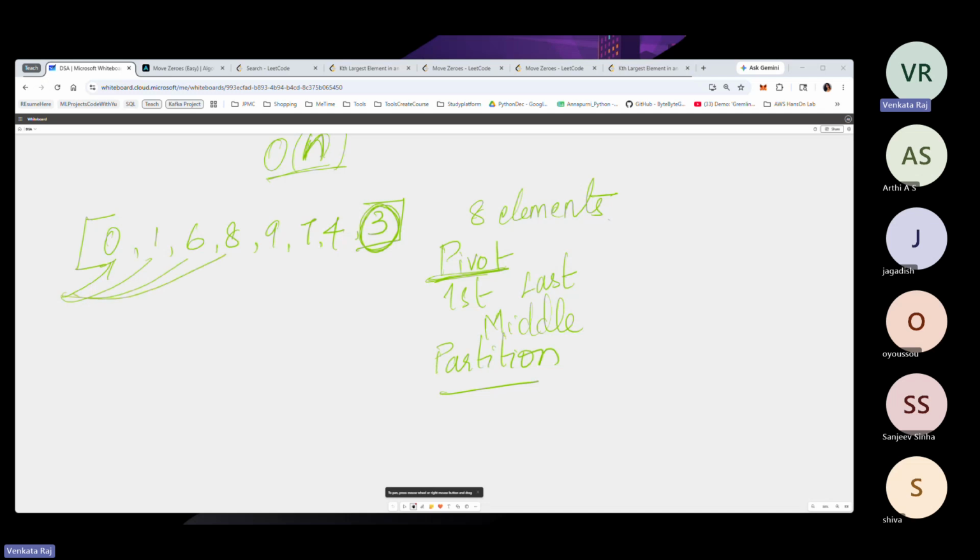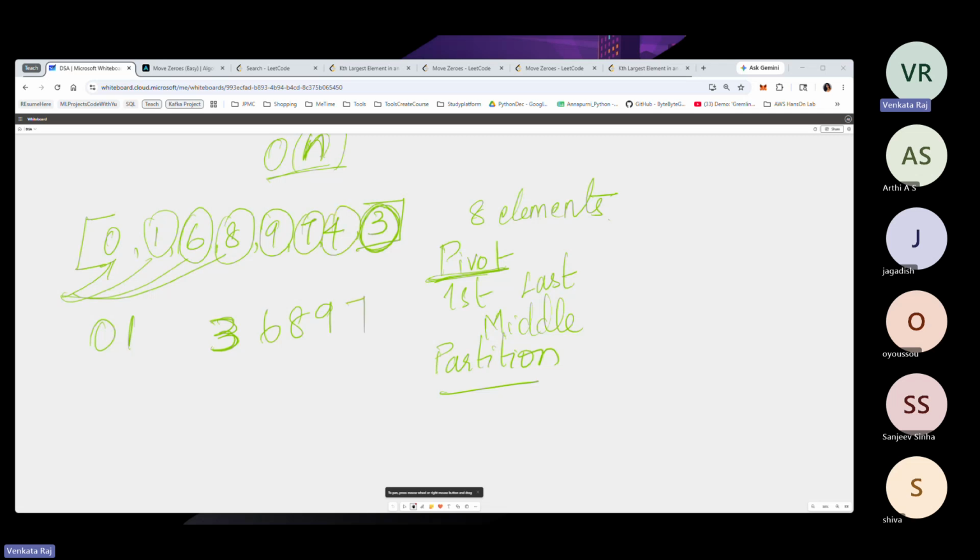You traverse through all the elements. So this is the pivot, right? I place it here. When you find any element which is lesser than 3, you place it on the left. Again, you are going through 1. When you find an element which is greater than 3, you place it here. And 8, you place it here. 9, you place it here. 7, you place it here.